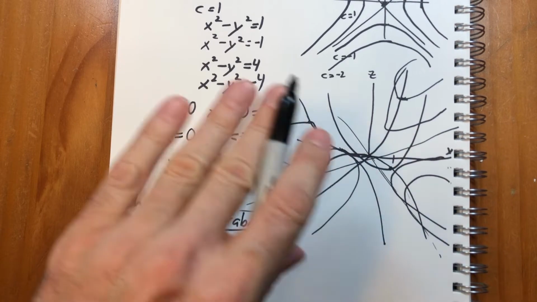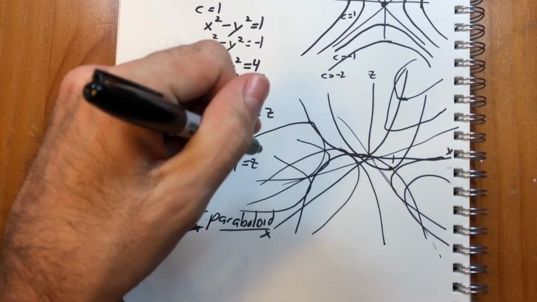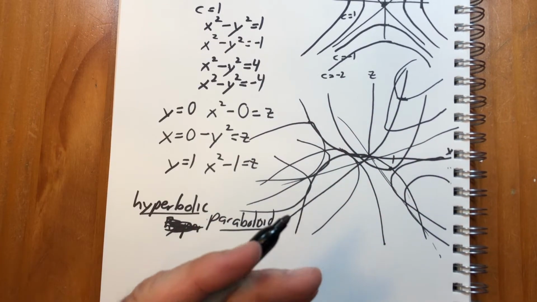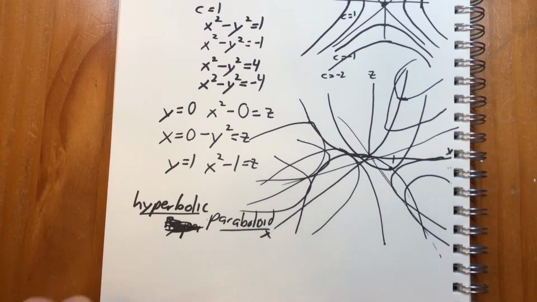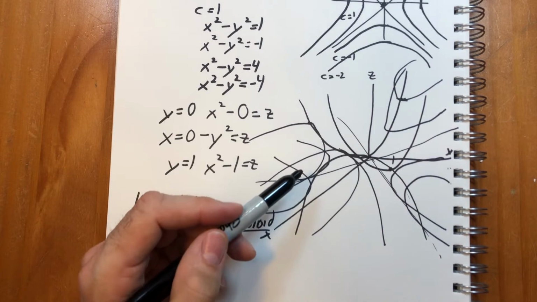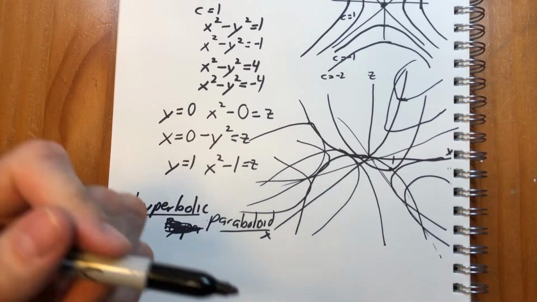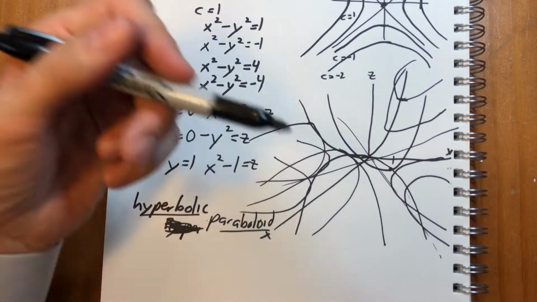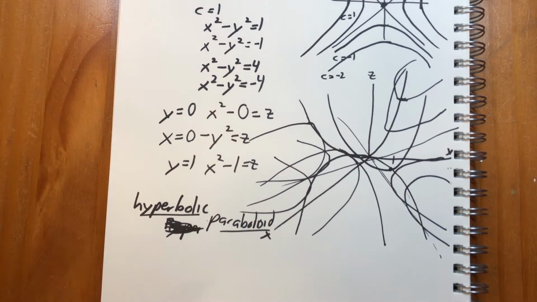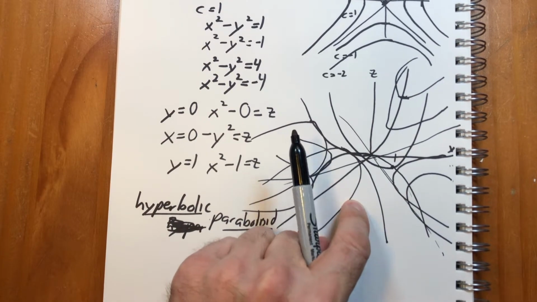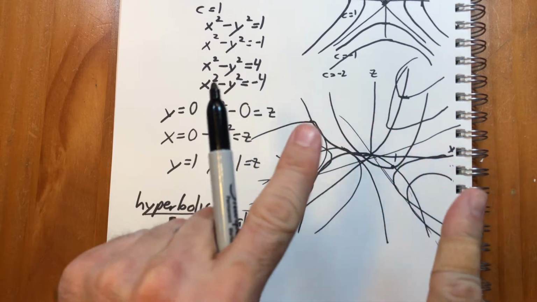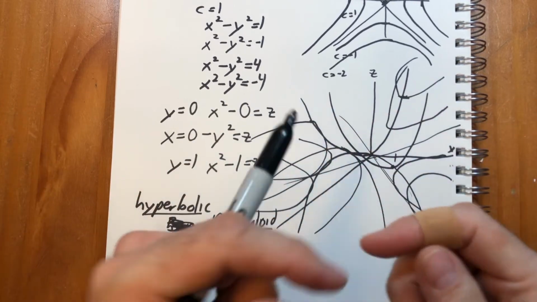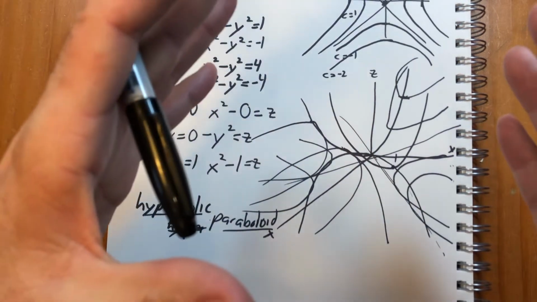Here, if you slice it horizontally, we get hyperbolas. But if you slice it vertically, we still get parabolas. So in both of them, in 2 directions, it's a parabola. And in the 3rd direction, it's either a hyperbola or an ellipse. The difference is that with this one, depending on which direction you slice it, the hyperbolas either go down or they go up, whereas with the elliptic paraboloid, they go up in every direction.